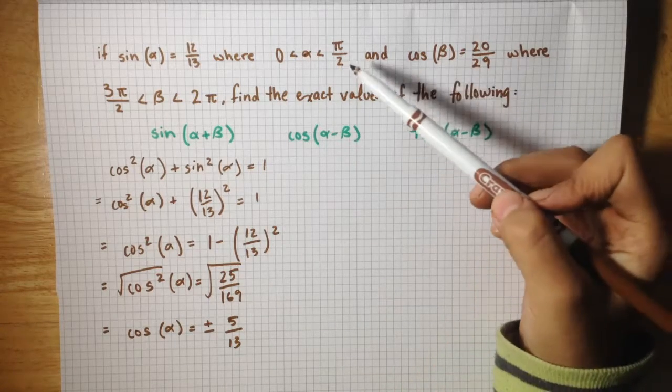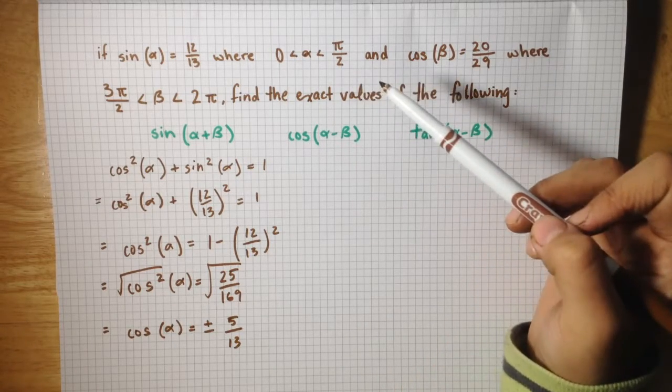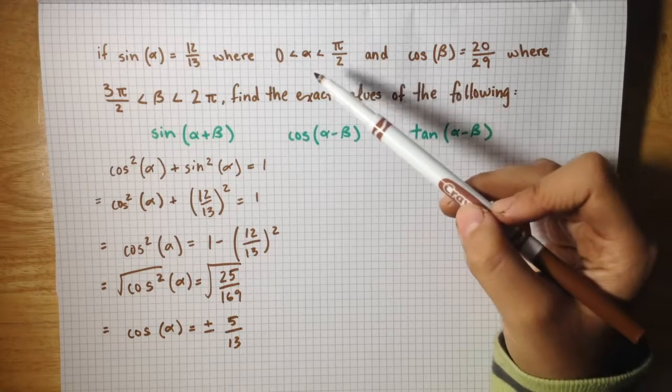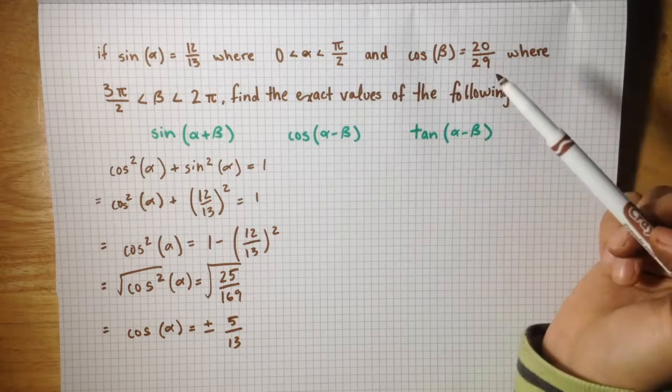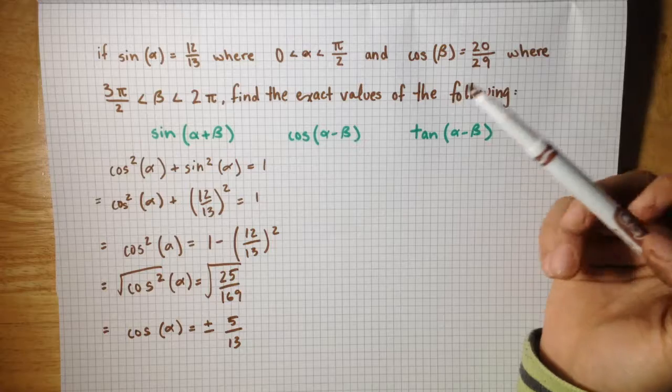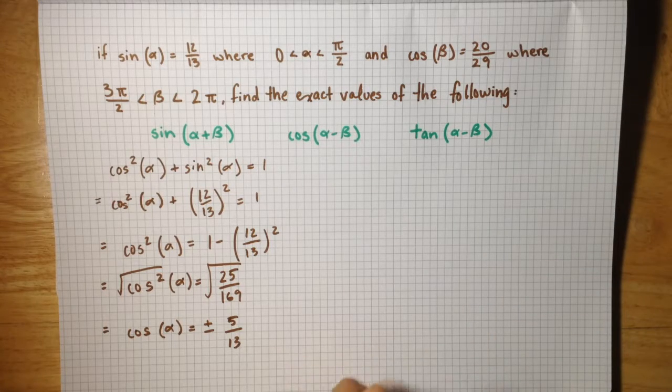Looking back to the question, they've given us the information that alpha is between 0 and pi over 2 radians, meaning that it's in the first quadrant, which means that this is going to be positive. So we have our missing part to the equation for alpha.